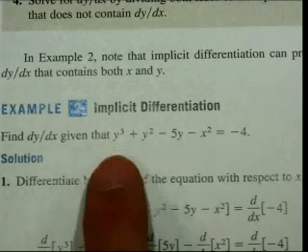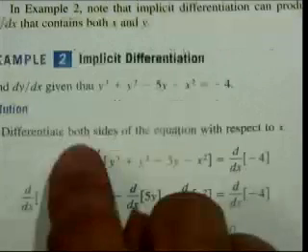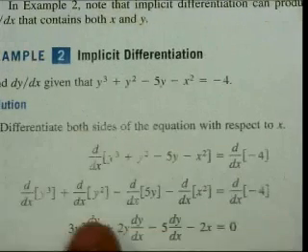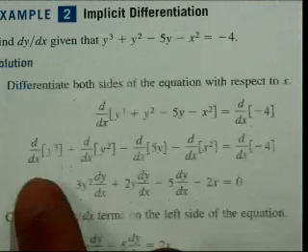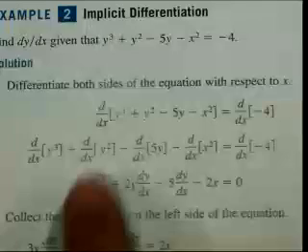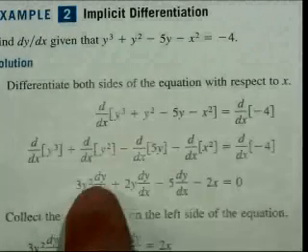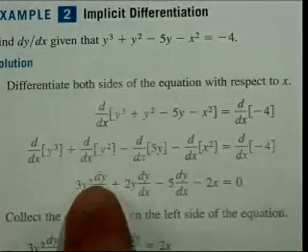Now the derivative of y, I don't know anything else to call it other than either dy over dx or just y prime. That's 2 symbols for the derivative of y. The book uses dy over dx. I'm going to use y prime just because it's easier to write. But right here my derivative of y cubed is 3y squared times the derivative of the y.